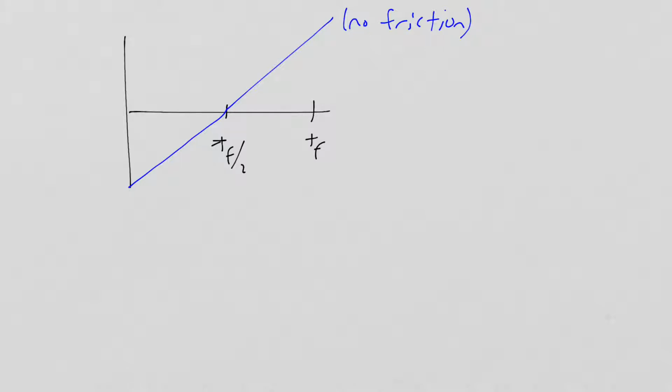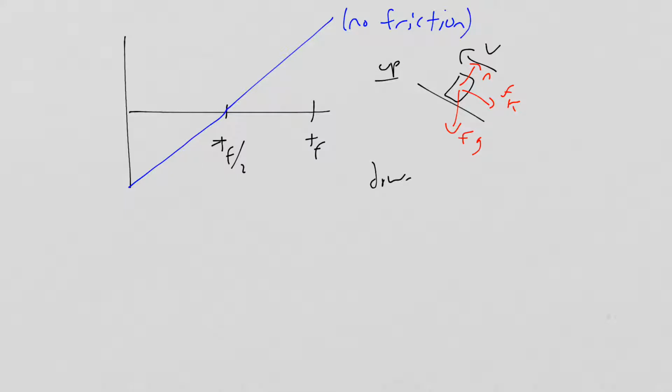But think more carefully when there's friction. So it's going up the ramp. What does the free body diagram look like? Well, weight is pretty straightforward. Normal force is pretty straightforward. Friction opposes the motion, so it's down the ramp.